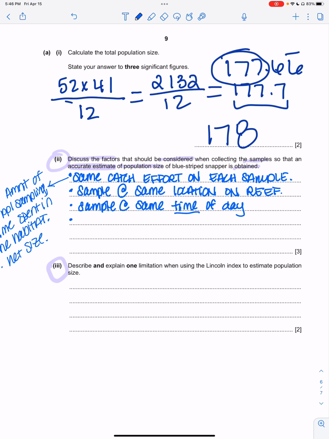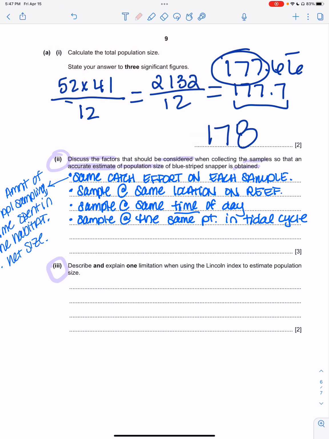Like if both days I sampled at low tide, then you're going to want to maintain that. Same point in a tidal cycle.